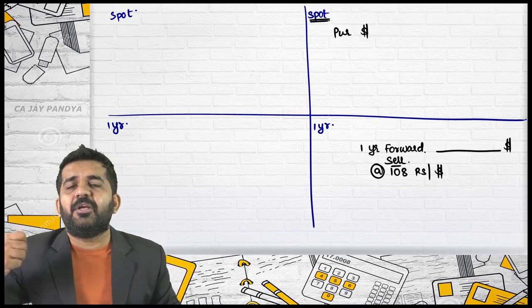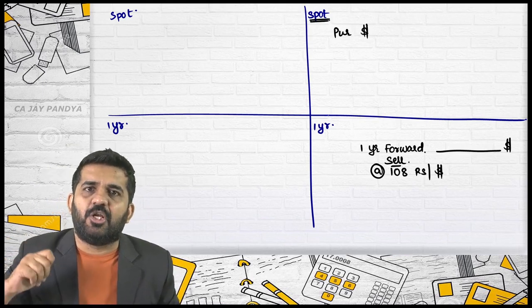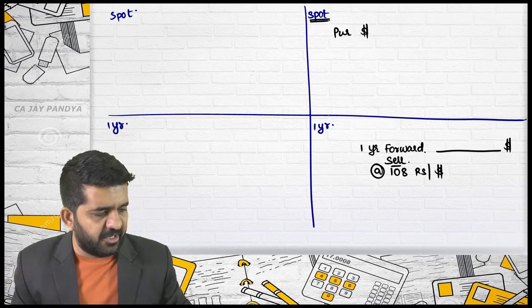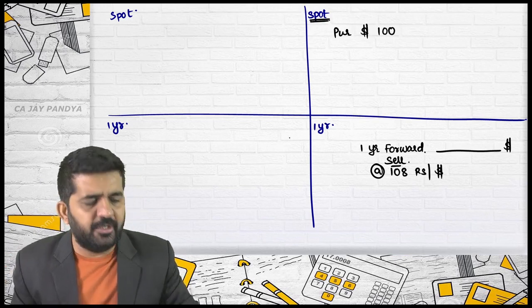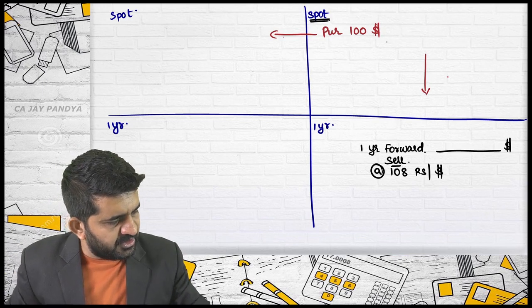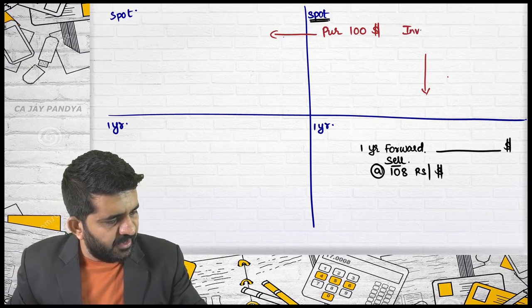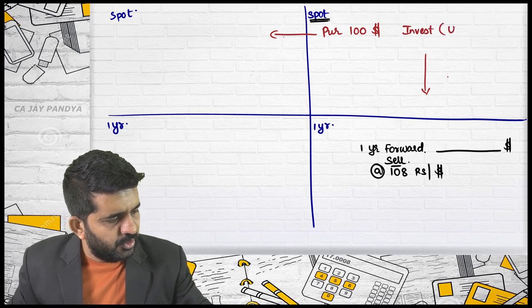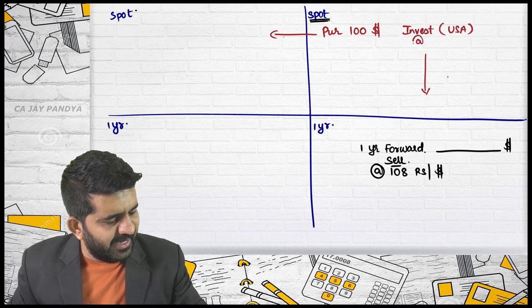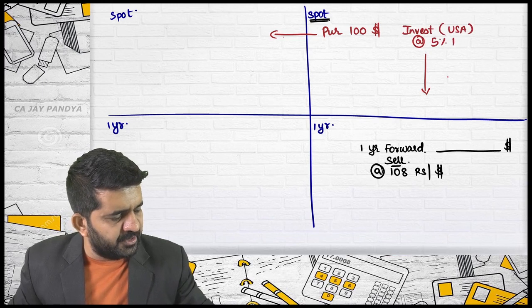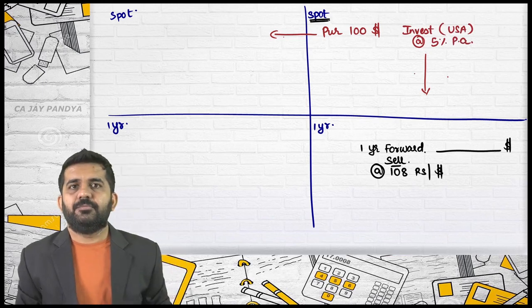To show the arbitrage process, you can take 1 lakh dollar, you can take $1, you can take $100. I normally take $100. Purchase $100 and invest in USA at the rate of 5% per annum.